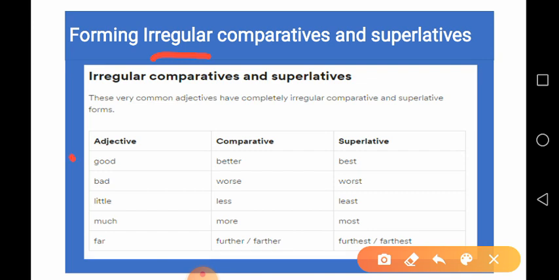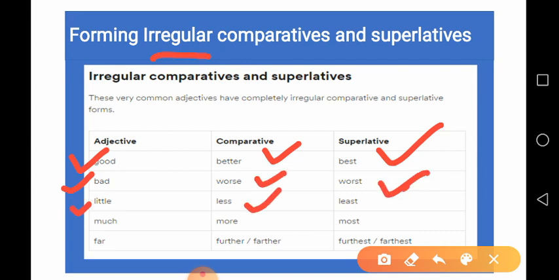Good, better, best. Bad, worse, worst. Little, less, least. Much, more, most. Far, further or farther, furthest or farthest.